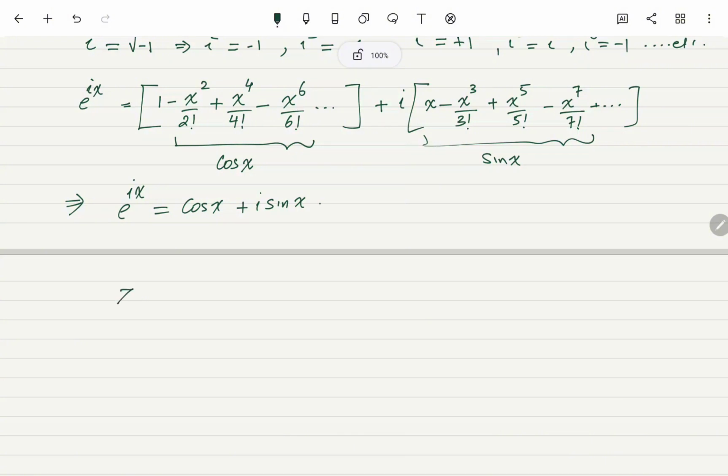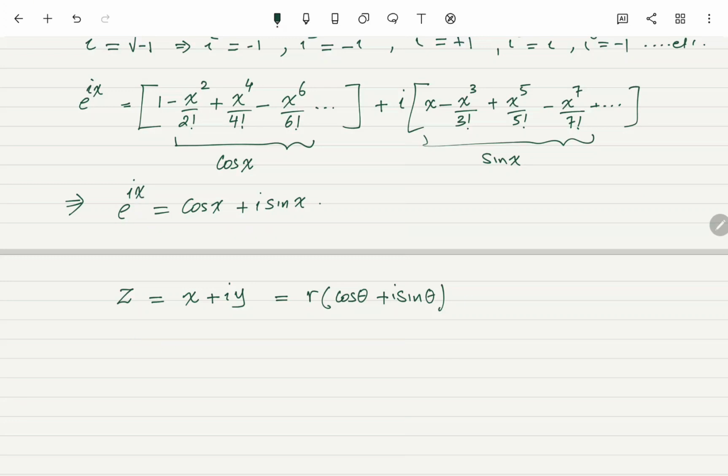Therefore, z equals x plus iy, and remember, this is the Cartesian representation of the complex number, equal to r times cosine theta plus i sine theta, and we use here x equals r cosine theta, y equals r sine theta, and we just define that cosine theta plus i sine theta is equal to e to the i theta.